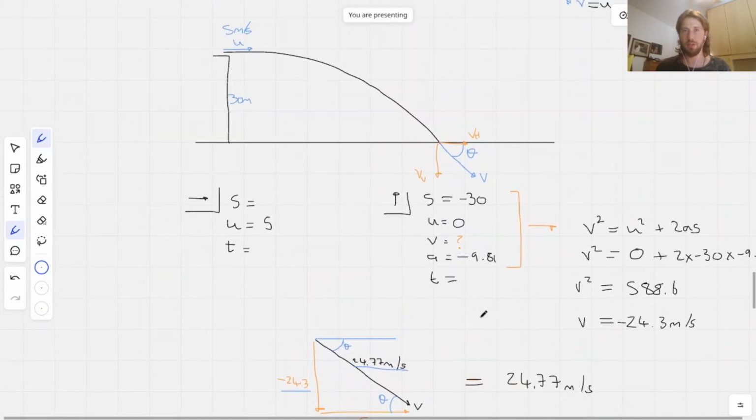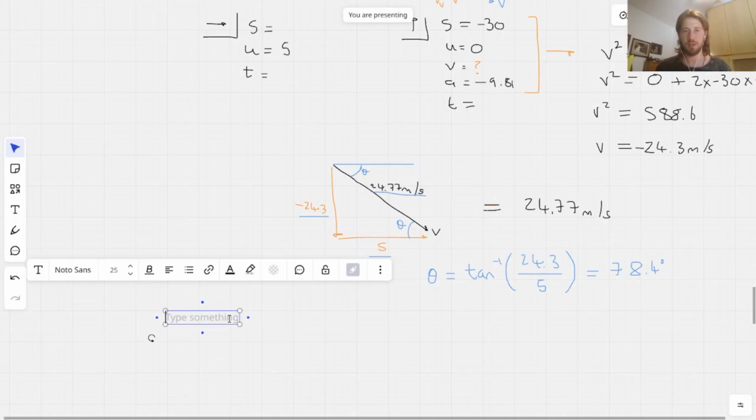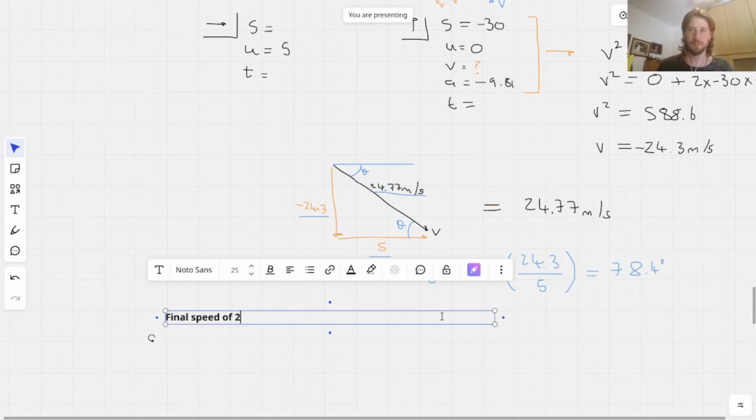Now, how would we fully describe this motion? We can always try and describe it in an explicit way, and like that there will never be any confusion. So we'll say like this: final speed of 24.77 meters per second at an angle of 78.4 degrees.